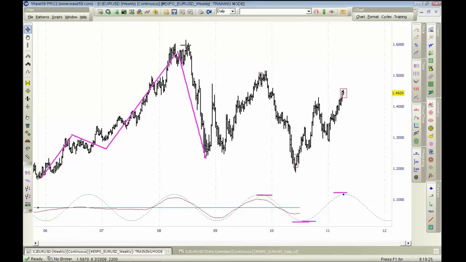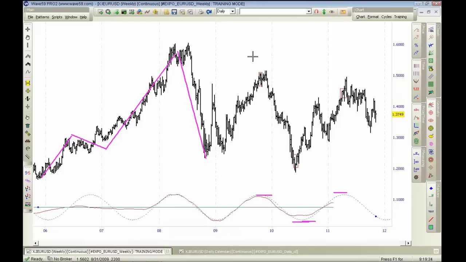So now let's progress and move forward, and you can see that price is just moving down into the end of 2011. So just to highlight the swings which have been projected by the dynamic cycle toolkit here.